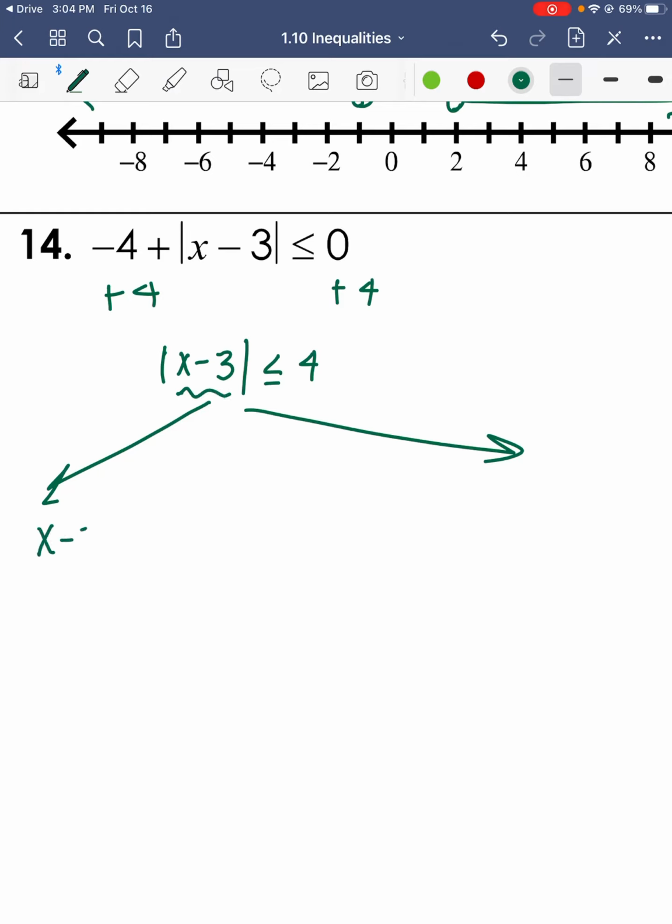We'll write what's inside the absolute value brackets, x minus 3 is less than or equal to 4, and then x minus 3 is greater than or equal to negative 4. So remember, when we write out these two separate situations, that's how we can get rid of the absolute value brackets.